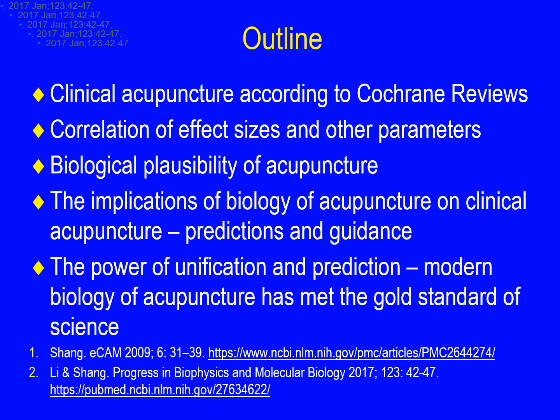And then I will discuss the biological plausibility of acupuncture and the implications of the organizer model of acupuncture on clinical acupuncture. It's actually to explain what we already know about the effect sizes and its correlation with other parameters, which actually can be predicted from the organizer model.